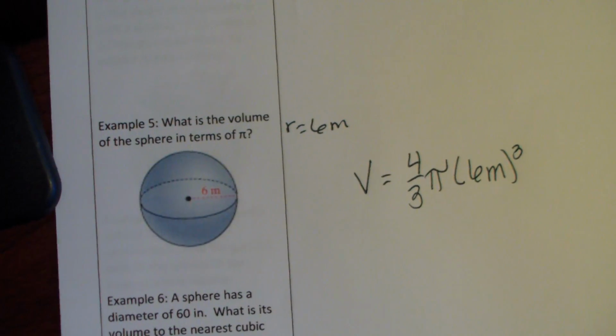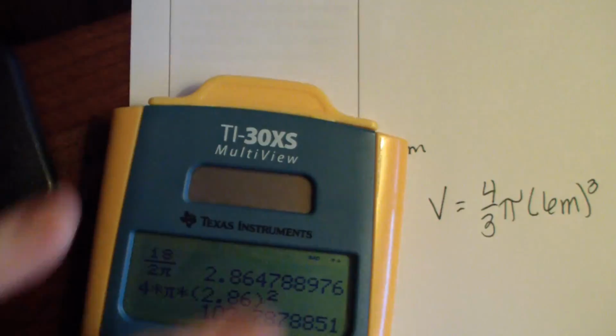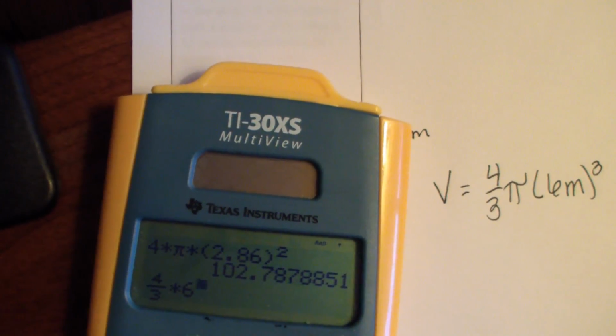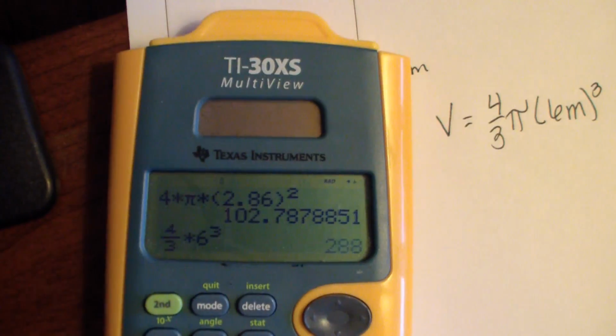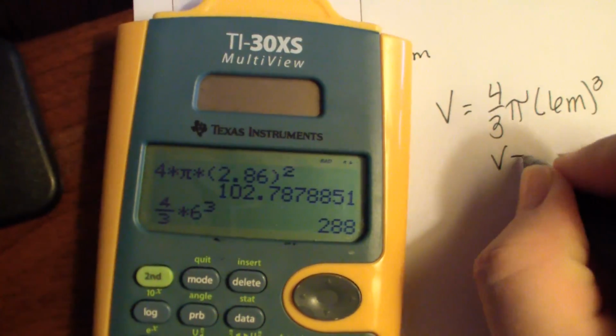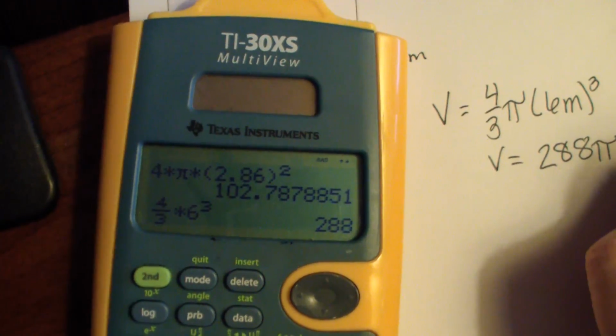They want this in terms of pi. So 4/3 times 6 to the third power is 288. So our volume is 288 pi meters cubed.